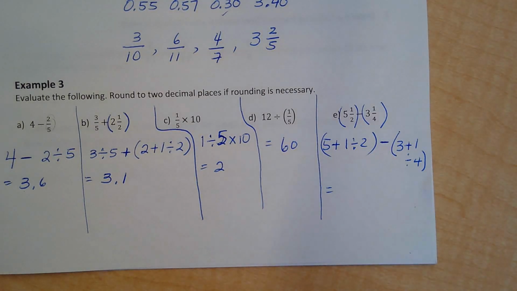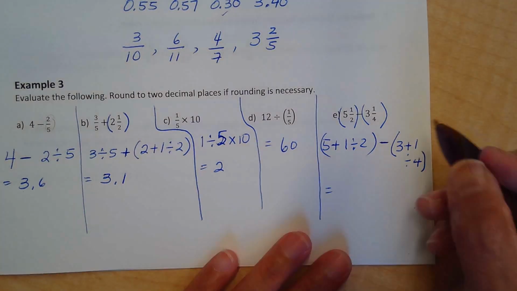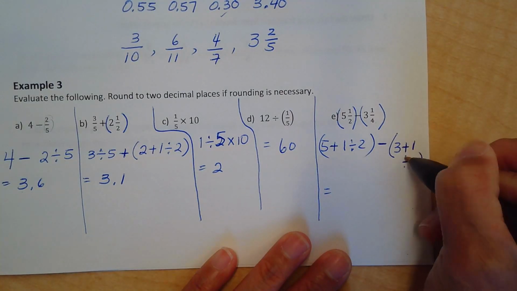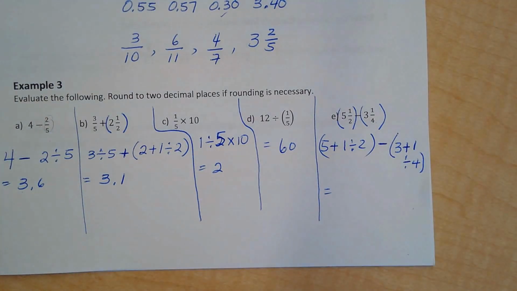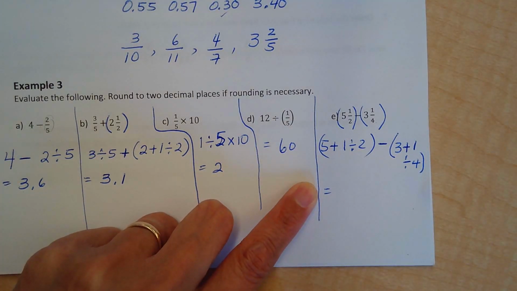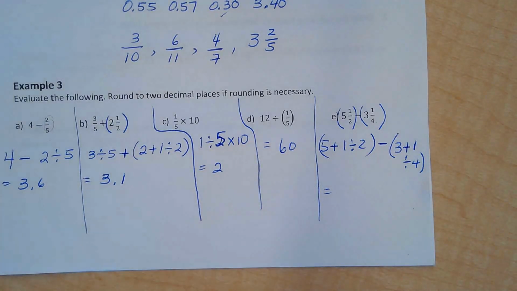Okay, so brackets 3 plus 1 divided by 4. Is that the answer? Is it 2.25?